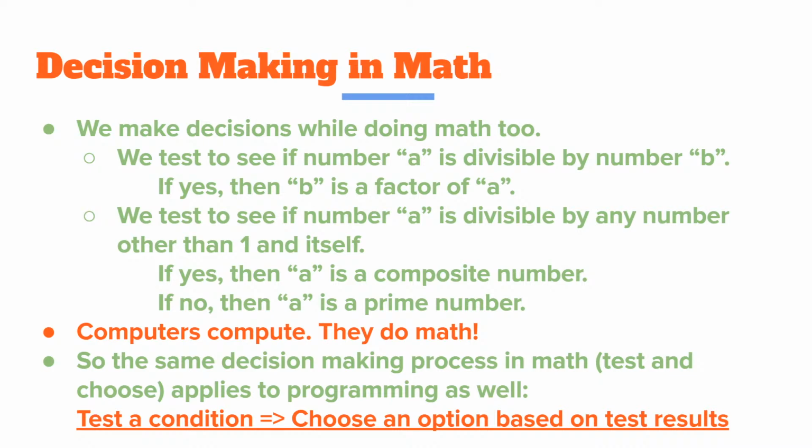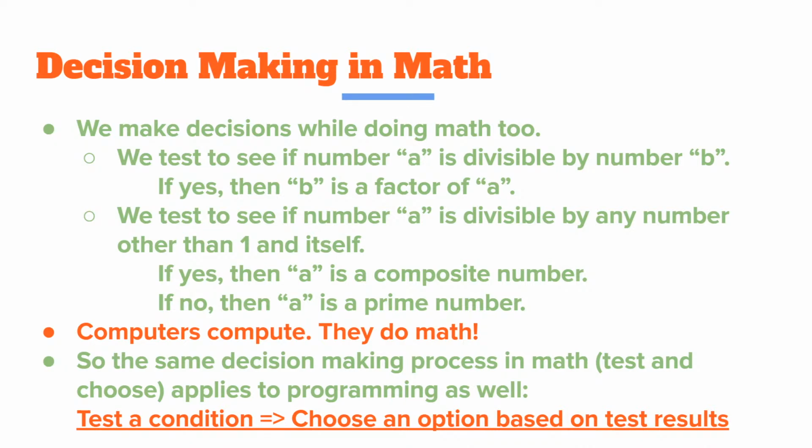Alright, so now that we've talked about the general layer of decision making, we're going to start going into slightly more specifics, trying to get more similar to what the programming language would be about. So decision making in math. In math, decision making can go anywhere from divisibility all the way to prime and composite. So a lot of these decisions that we make in math can be calculated out.